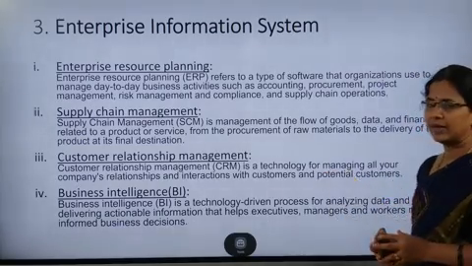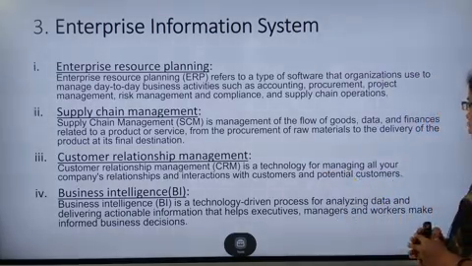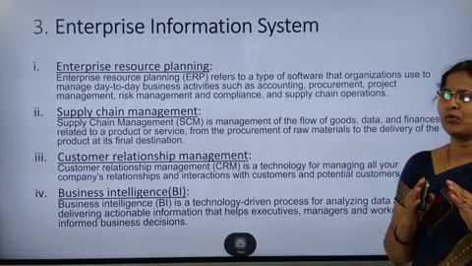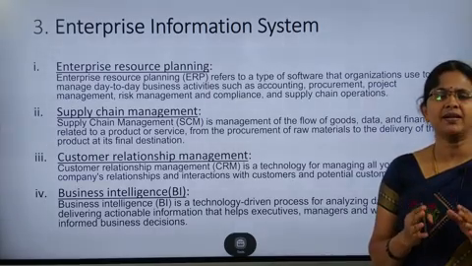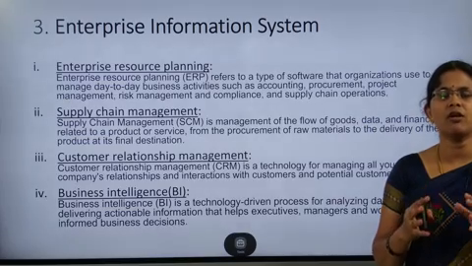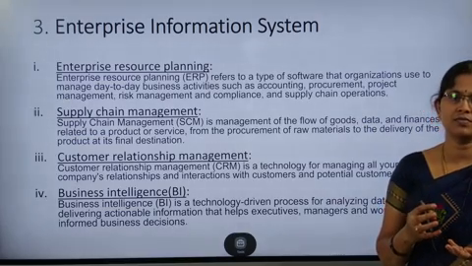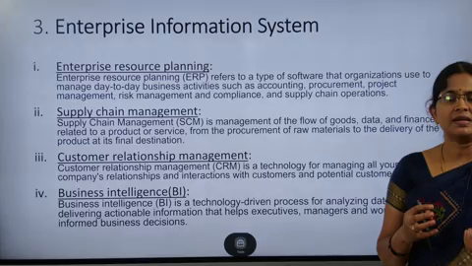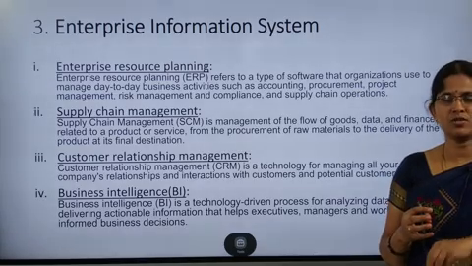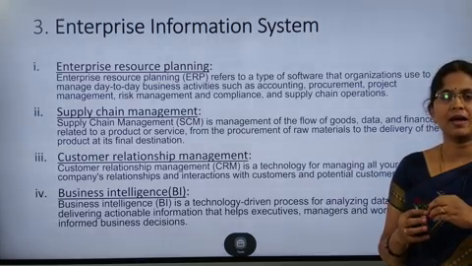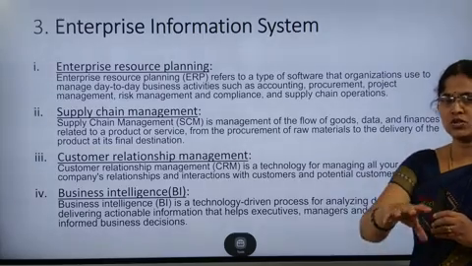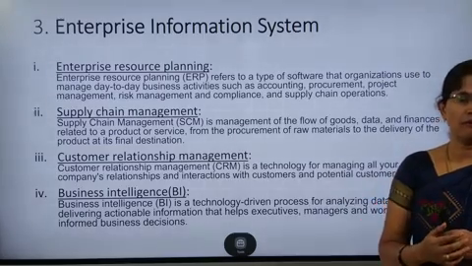Coming to the next one, that is customer relationship management. It is purely how you are maintaining communication or relationship with your customers. In order to maintain communication with your customers, first you have to get feedback from your customers related to the products and services you are offering.